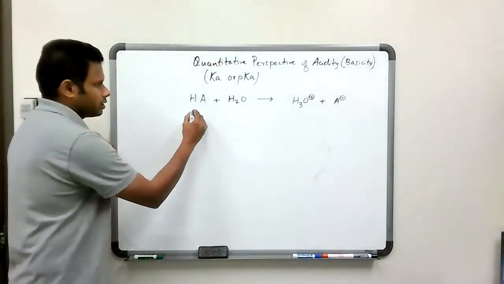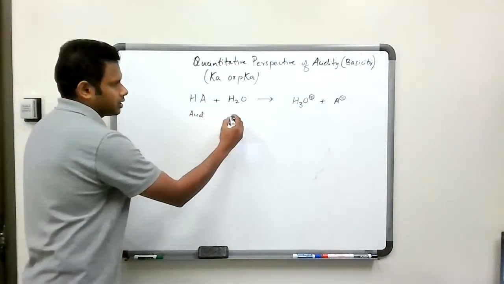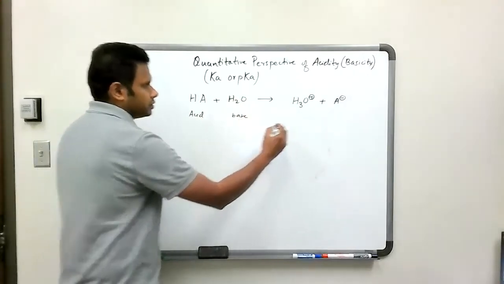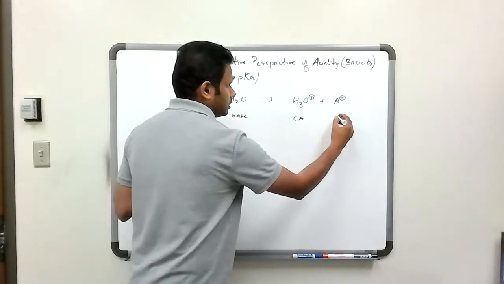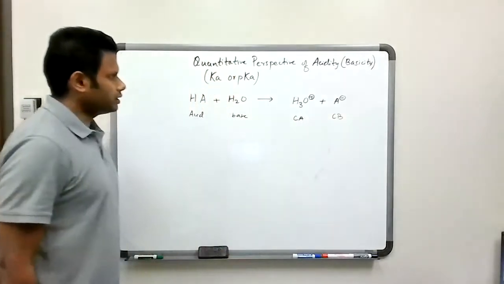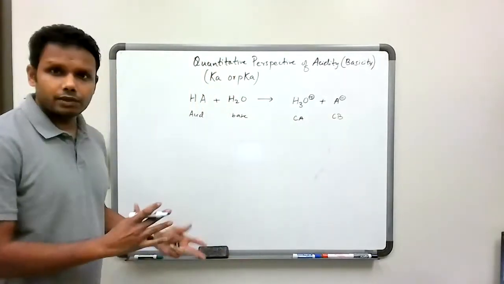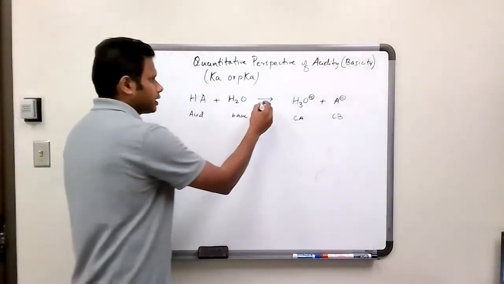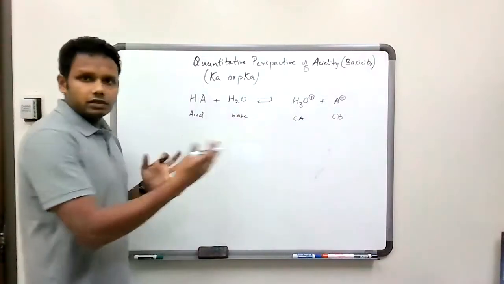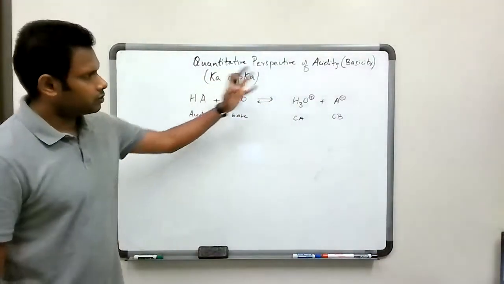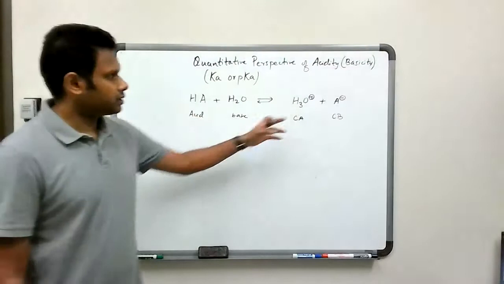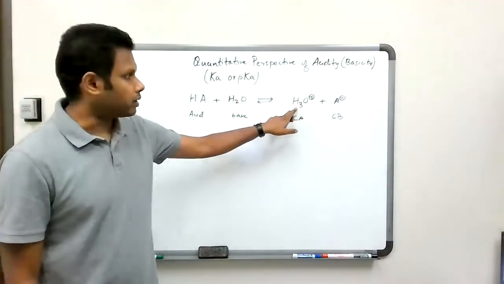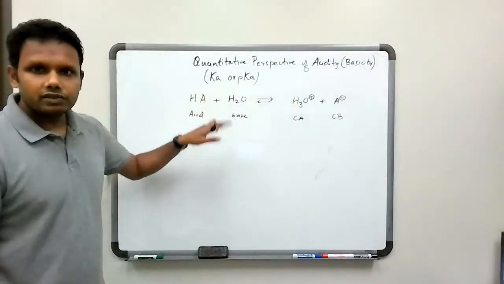So our acid reacted with our base to give us a conjugate acid and conjugate base. That's the reaction that we have. Now, as we know, this reaction is at equilibrium, right? So the reaction can go forward and it can go backward, because the conjugate base can abstract a proton from the hydronium ion to give us HA and water.